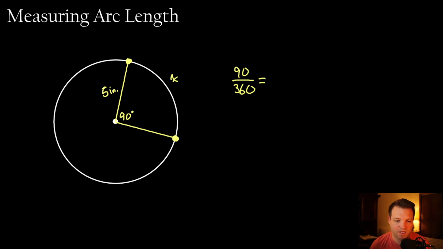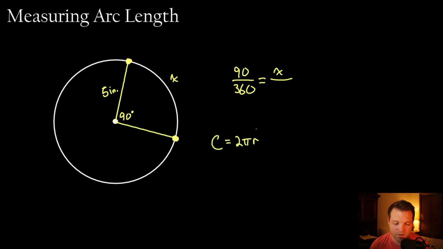But anyway, so we're going to set up our proportion. So that should be proportionate to the length of this arc, x, over the length of the entire circumference, c. C for circumference. Now we can calculate circumference. Let's go ahead and do it. So circumference, if you recall, is equal to 2 pi r.